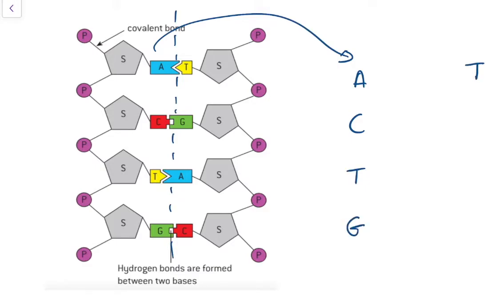We've got T, and we can work out what the other one is because of complementary base pairing. A, adenine, only fits with thymine, and cytosine only fits with guanine. So when Watson and Crick did their work to discover the structure, the fact that the bases pair only in a particular way then suggested the mechanism of replication.